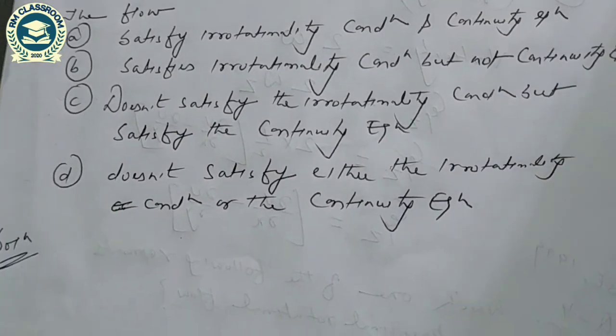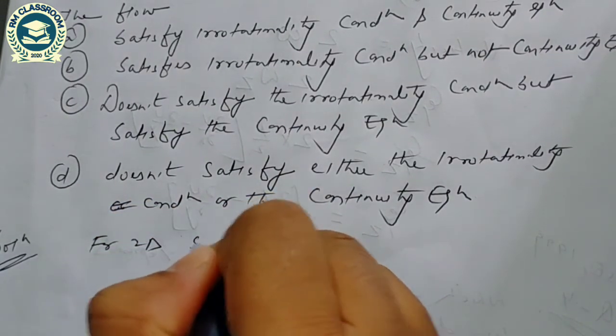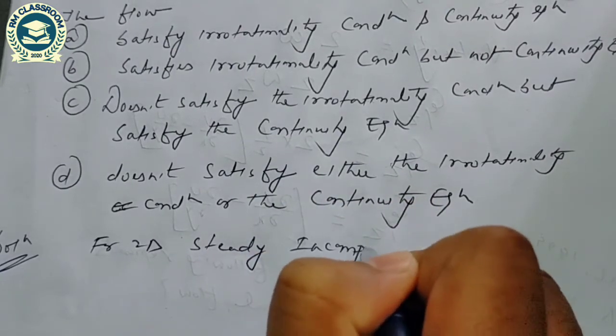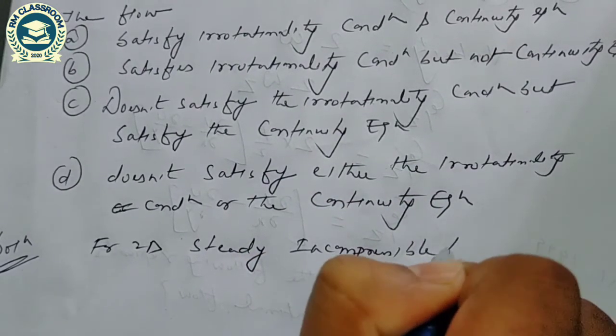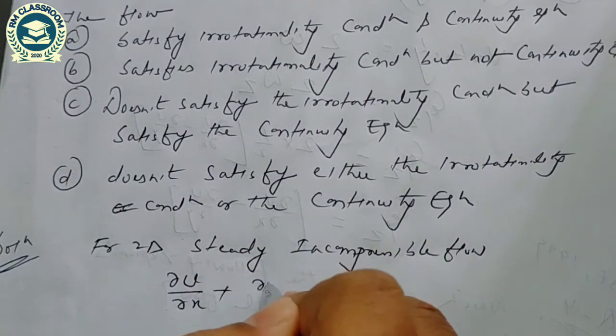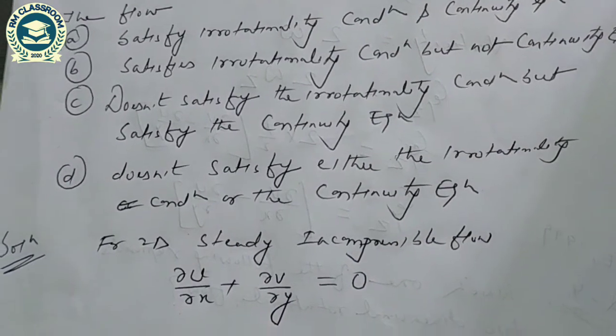So for the continuity equation, for two-dimensional steady incompressible flow, we have the equation del u by del x plus del v by del y, and it should be 0.